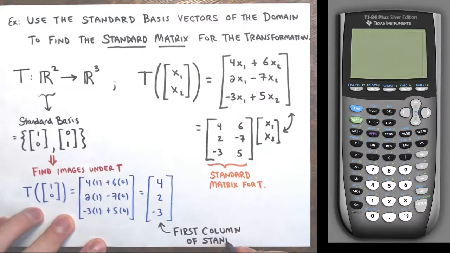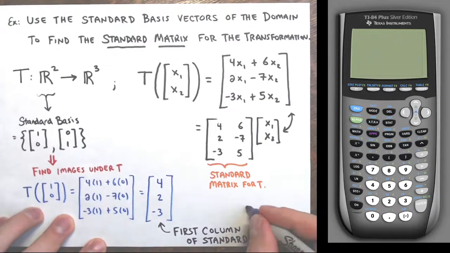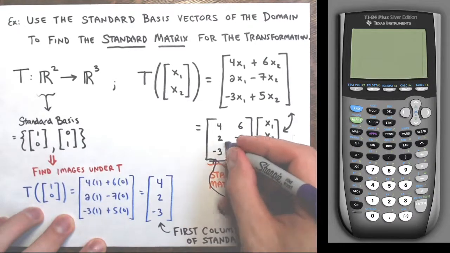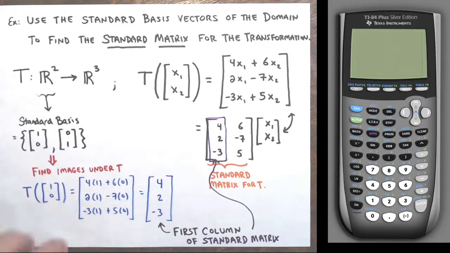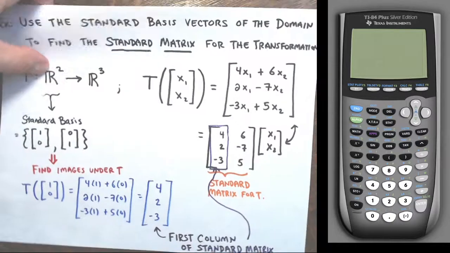As we are seeing, I know I already wrote it, but see how it's the first column here of the standard matrix, 4, 2, -3 going down there. That's just the image of the first standard basis vector under this transformation T. All right, and let's find the image of the second standard basis vector, 0, 1.